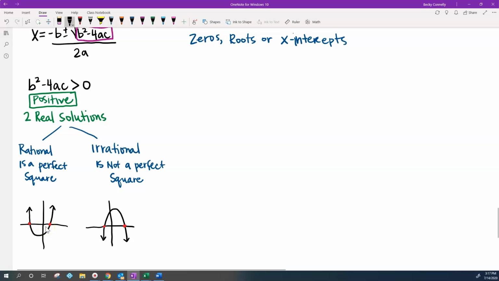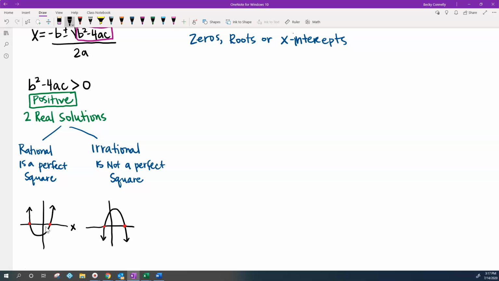Here's my x-axis, and I'm getting two different solutions. That's where it's crossing, okay? And so when I have a positive one, that's what's going to happen, that it's going to end up being two solutions because it's something like this.